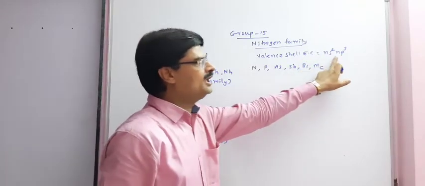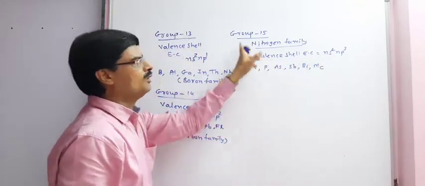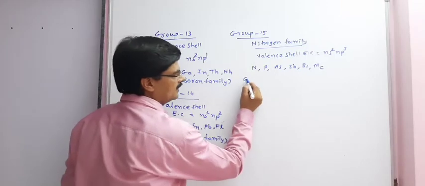There are 5 electrons present in the valence shell of group number 15 elements.